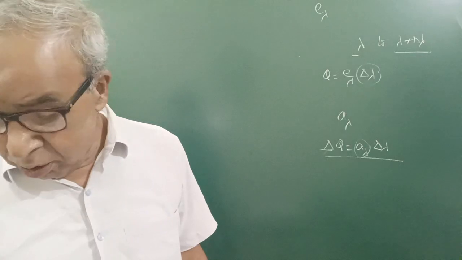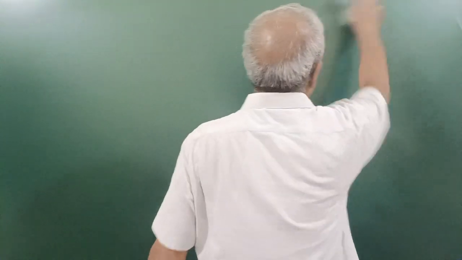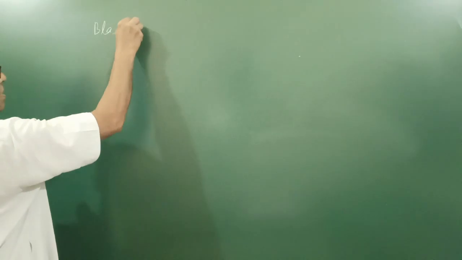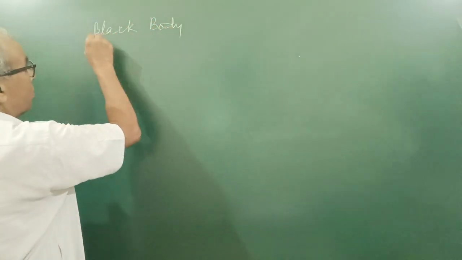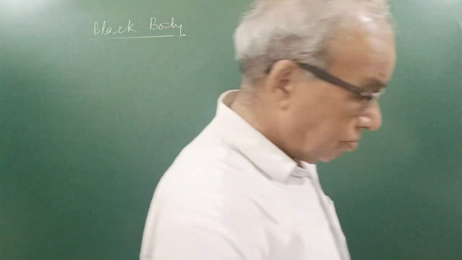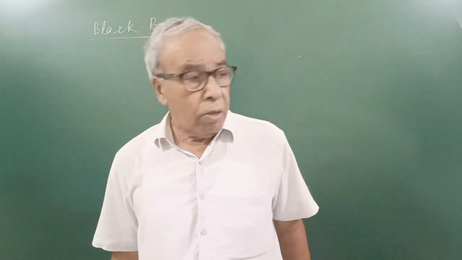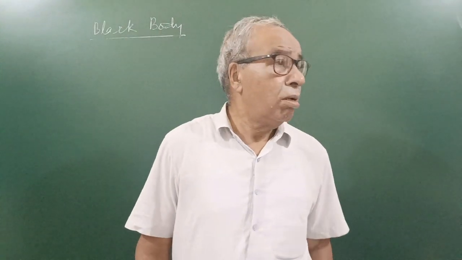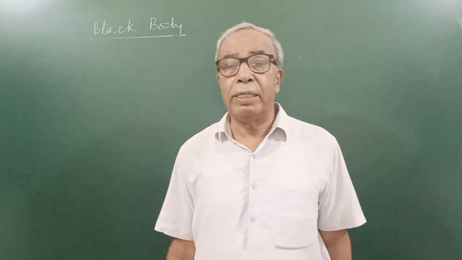So it depends upon the nature. Now I come to an important topic, black body. Actually, we are very familiar with black color. We are familiar with the colors present in visible light.